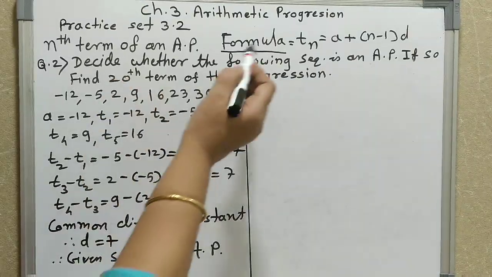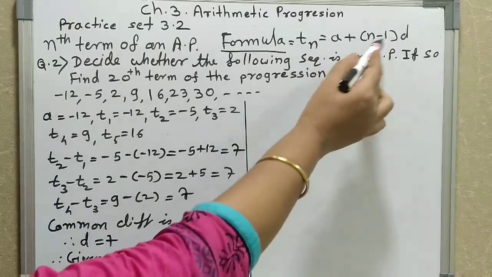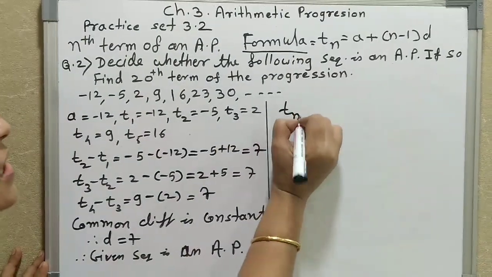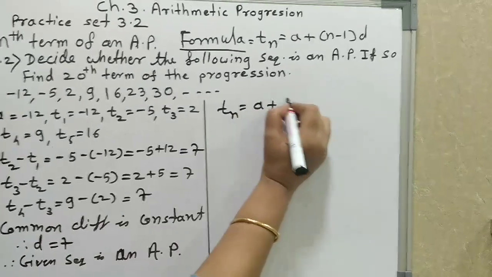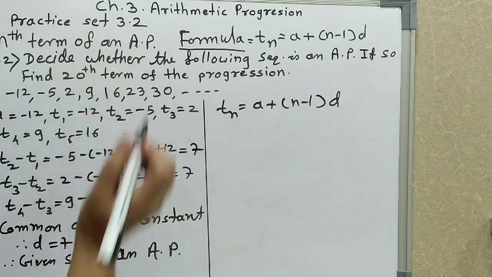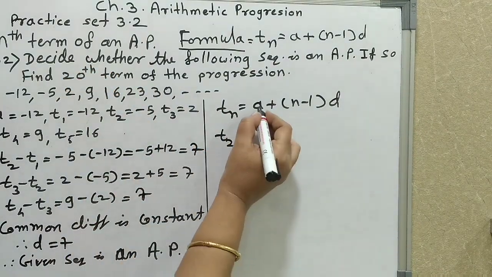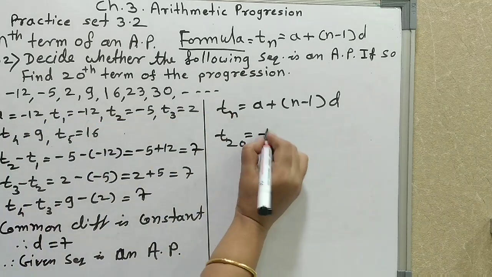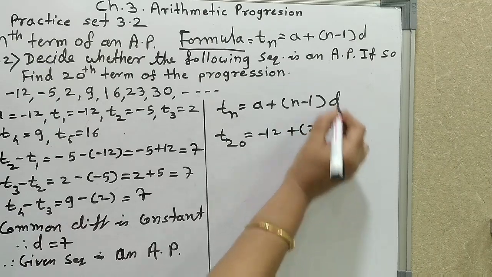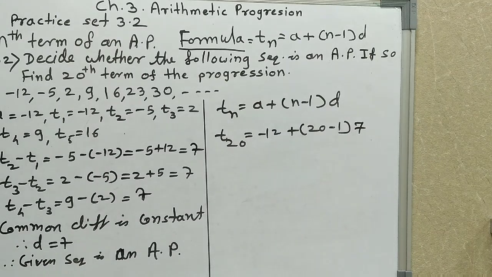Okay. Now we find out the 20th term of the progression. Our formula for the nth term is Tn is equal to A plus n minus 1 times D. We write here the formula. Now we find out the 20th term. So we put the values: T20 is equal to A, the first term, minus 12, plus n is 20 minus 1, times D which is 7.